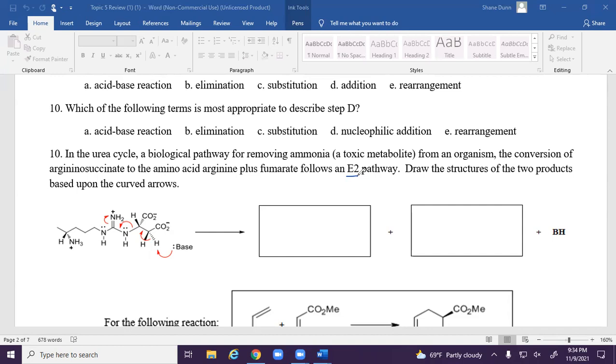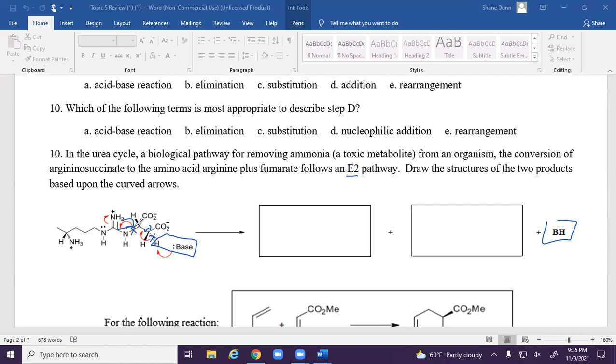So let's look. This goes away, making electrons on that carbon right there. Correct? Which is how I get BH. That's that step right there. Correct? Yeah. Okay. This arrow right here shows the breakage of that molecule.